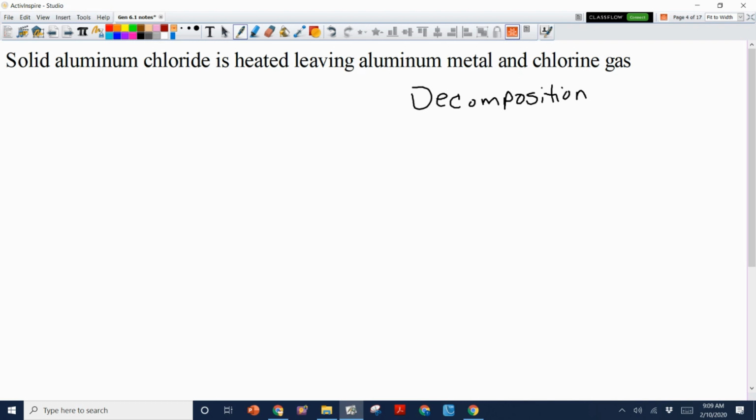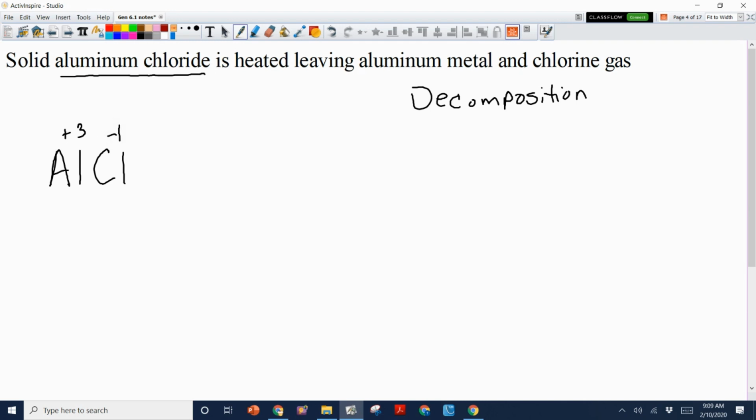So now we're going to have to go back and start reviewing writing compounds. Aluminum chloride is made with aluminum and chlorine, a metal and a nonmetal combining together, so that makes it ionic. Now we need to look at charges. Aluminum is a +3. Chlorine is a -1.